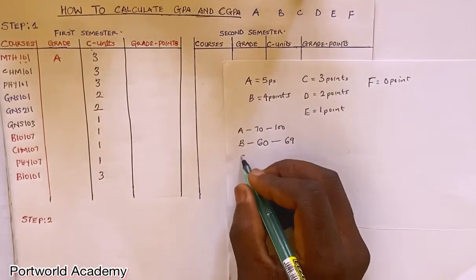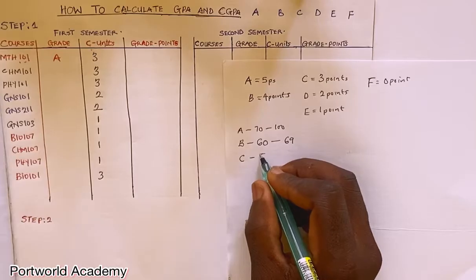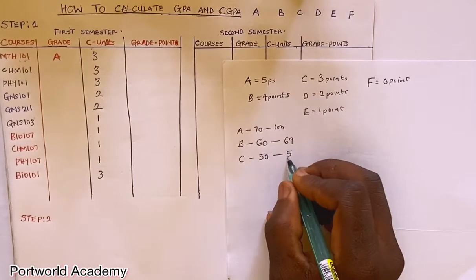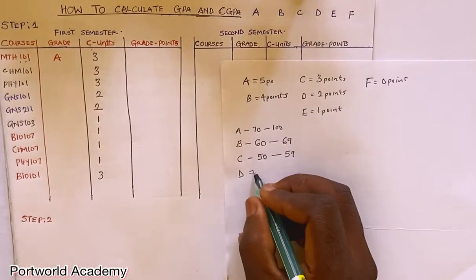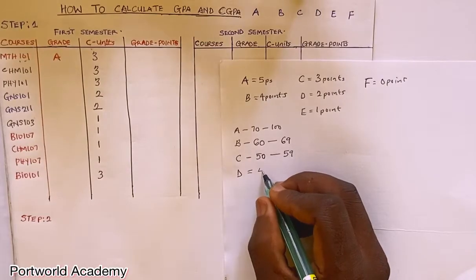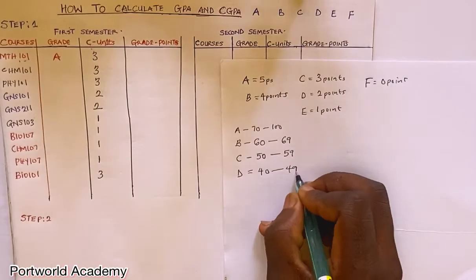Then let's say your C is 50 to 59 exactly. That's your C. Then your D starts from 40, I think 40 to 49.